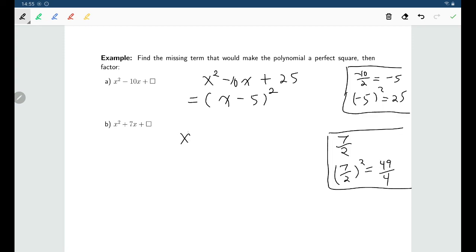So for x squared plus 7x, the constant term that we need to complete the square is 49 over 4. And this would factor out as x with half of this coefficient, so x plus 7 halves, the whole thing squared. And again, you can check that if you were to multiply this out, x plus 7 over 2 squared, that would give you the polynomial x squared plus 7x plus 49 fourths.